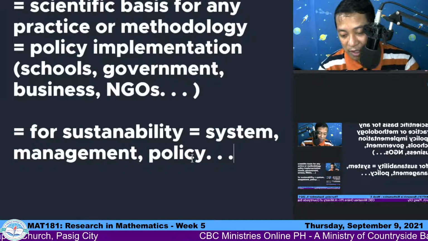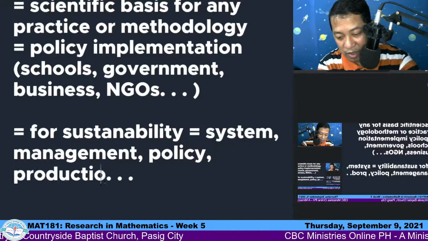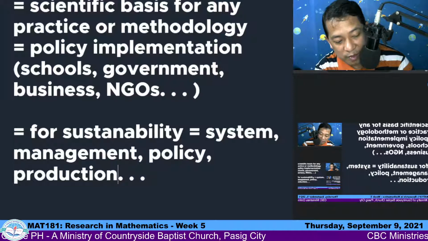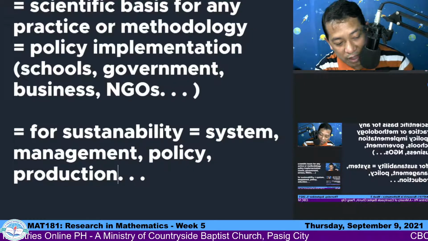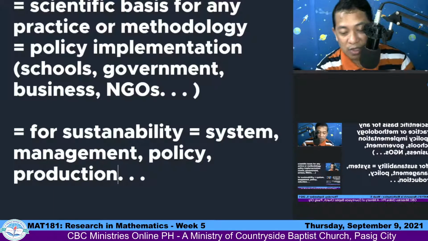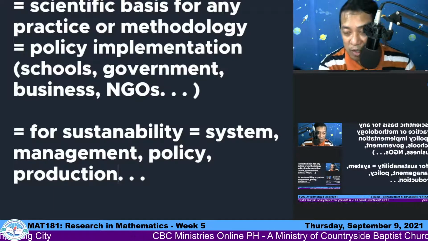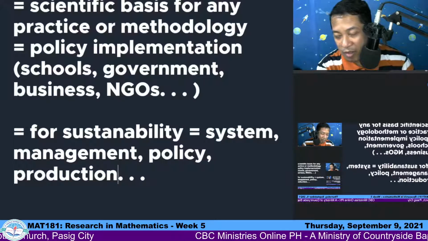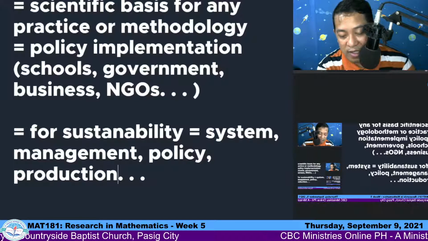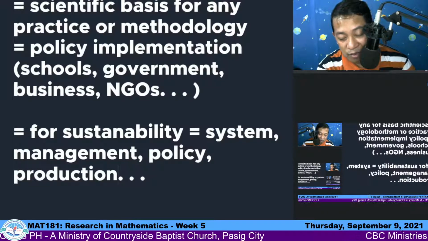Yung production pala, no? Policy, of course, production. Siyempre, ang gusto natin, mas maraming production in terms of economics. So, there must be production in any field, no? Even in education. Of course, the management of schools also needs sustainability. As of the moment, because of the pandemic, what is really badly hit by the pandemic are the private schools, I would say, no?